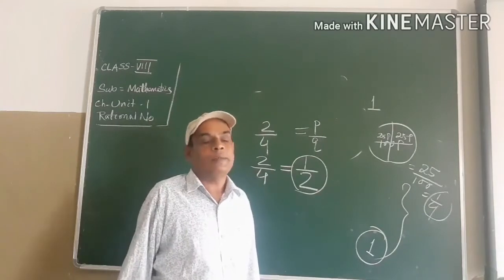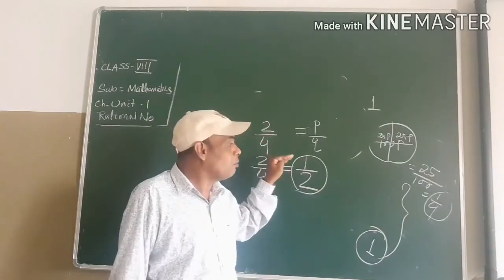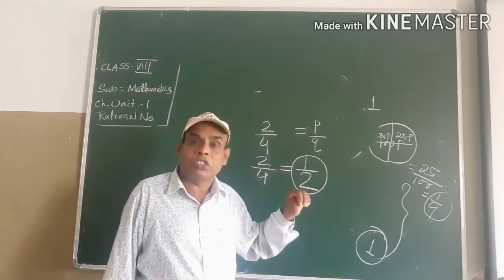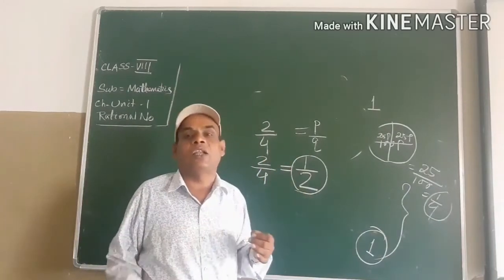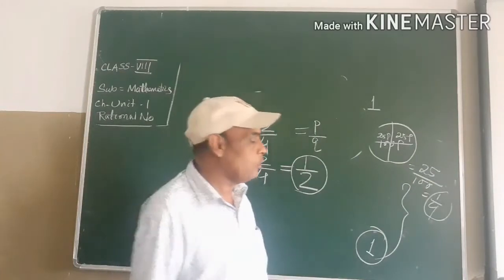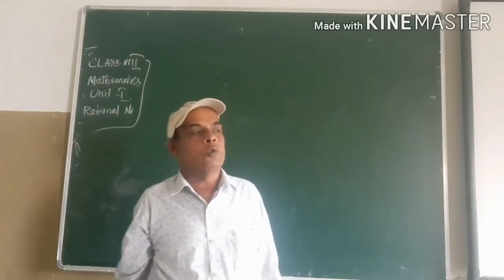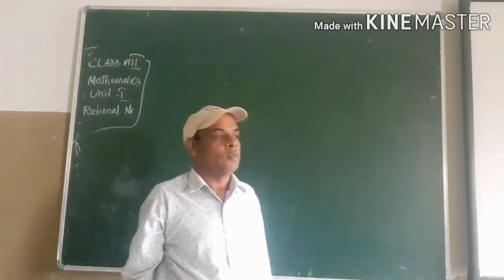So now, dear children, we already have the ideas regarding rational numbers. What rules these rational numbers generally follow, we have to see right now. Dear children, we have already discussed rational numbers.